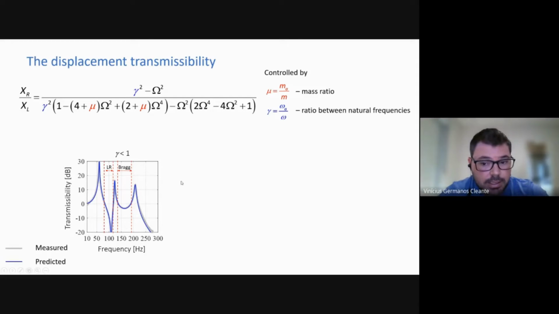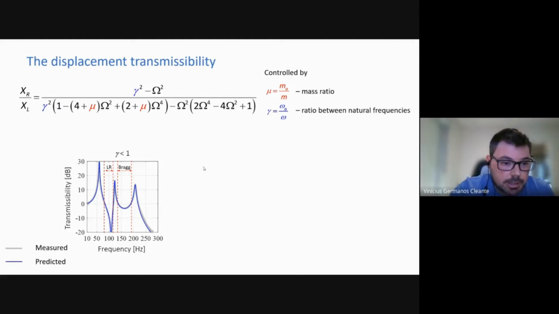The mass ratio is important because it controls the attenuation level. However, it is the tuning parameter which controls where the stop bands will occur and which type of stop band they are.